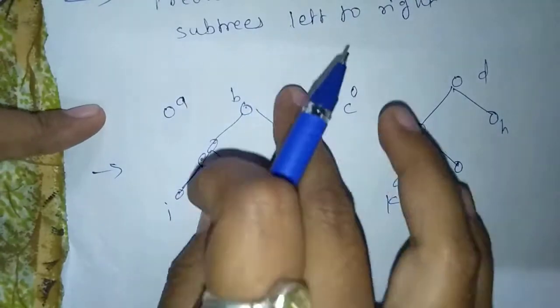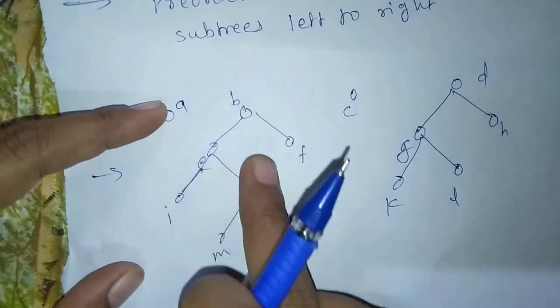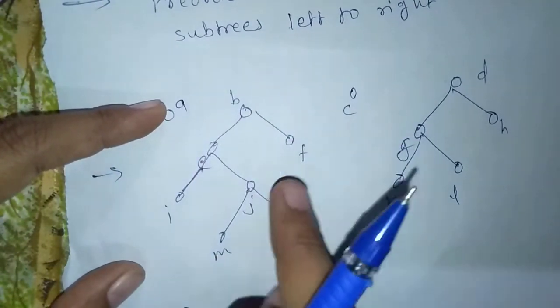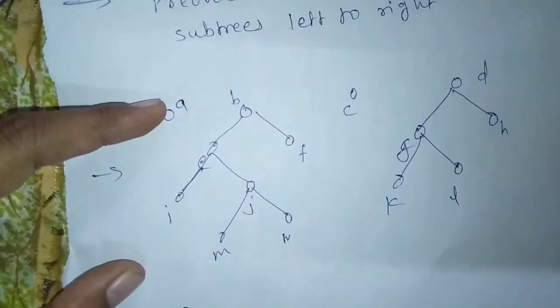Next, the root for this subtree is nothing but this separate ordered tree. So this is the root and these are the subtrees, first subtree and second subtree of this tree.